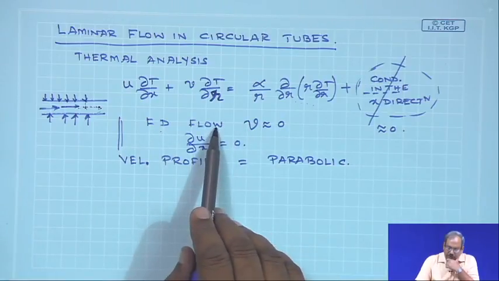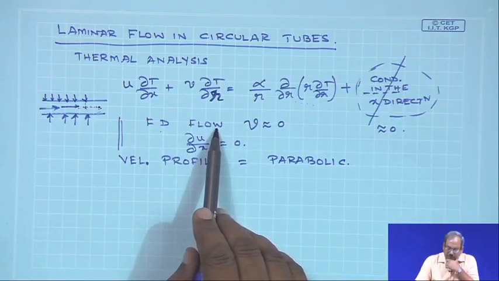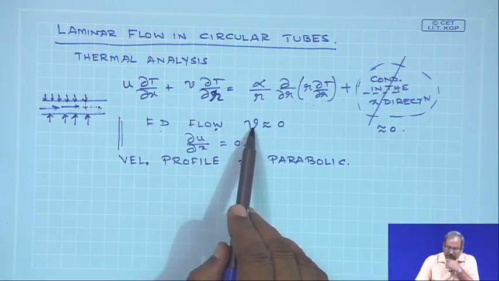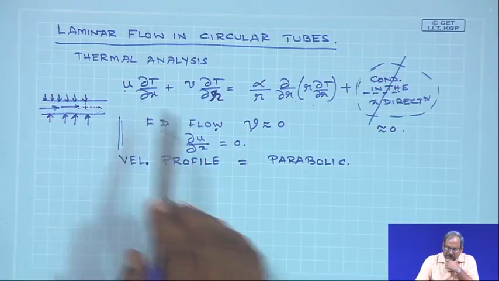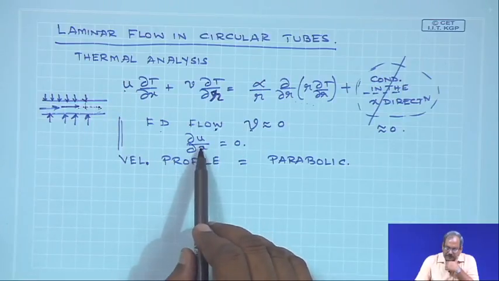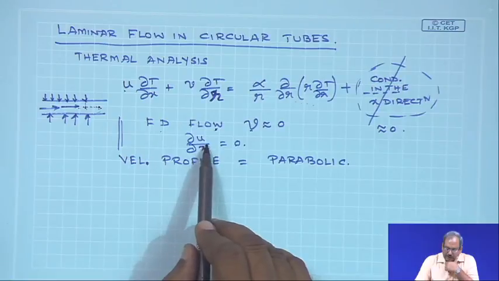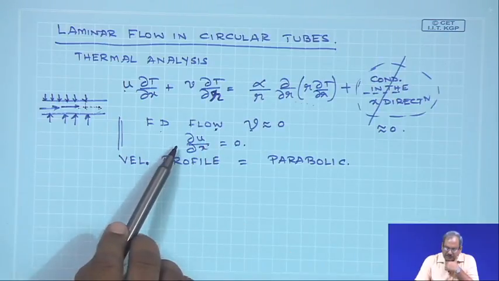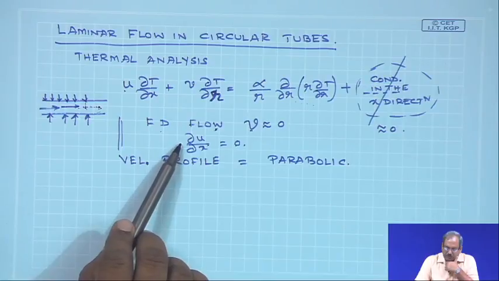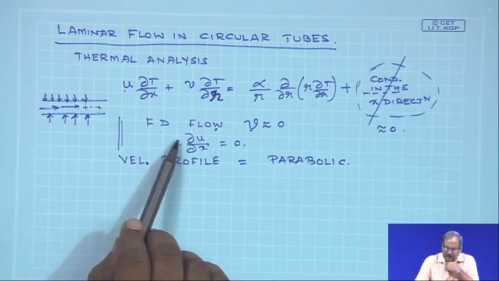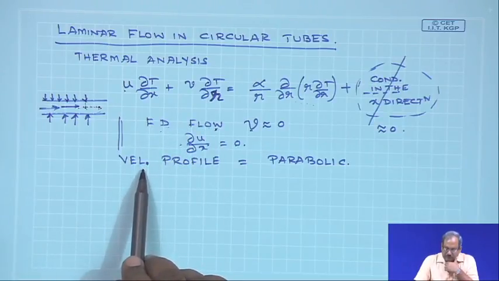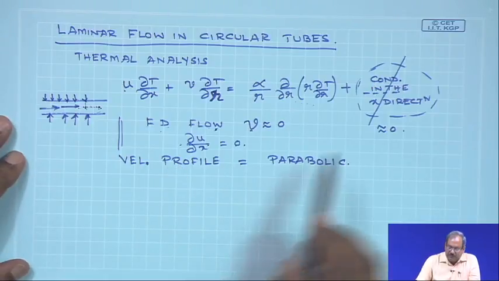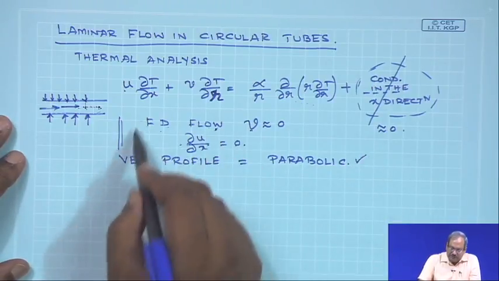The flow becomes one dimensional, and the moment the flow becomes one dimensional, the other component of velocity is equal to 0, and only the u component is present. Del u del x is equal to 0, though I cannot say the same thing about del T del x, but definitely the velocity will not be a function of position x anymore. That is the classical definition of hydrodynamically fully developed flow. And for that flow, the velocity profile is simply going to be parabolic in nature. So, this part is already known.